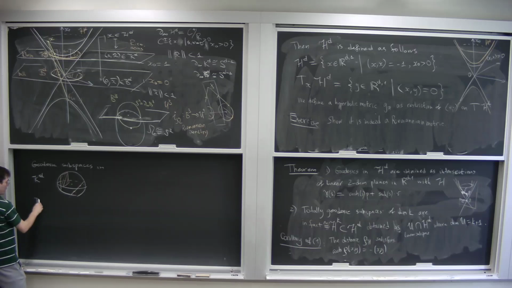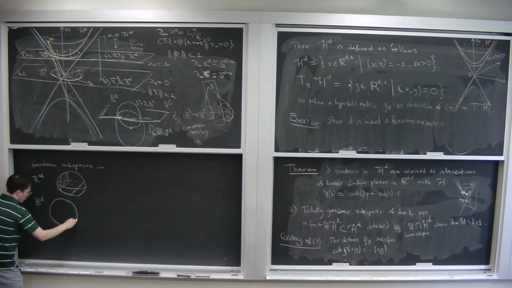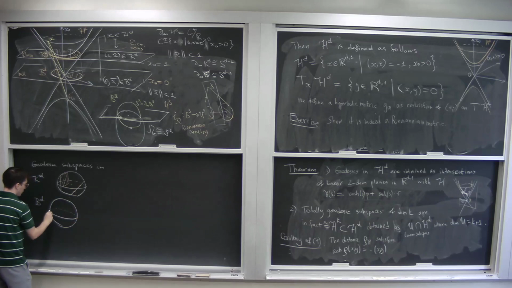In the ball model, these all are circles or spheres orthogonal to the boundary, or the diameters. So for instance, this is a geodesic.